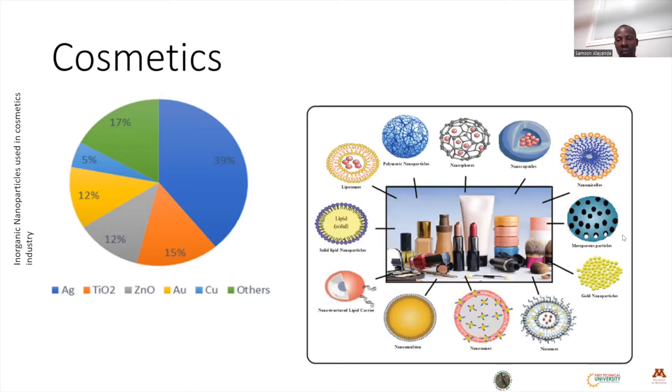You can see several products, from wet wipes to cream, to soap, to laundry, to several products which are regularly used in the form of one cosmetic or the other.